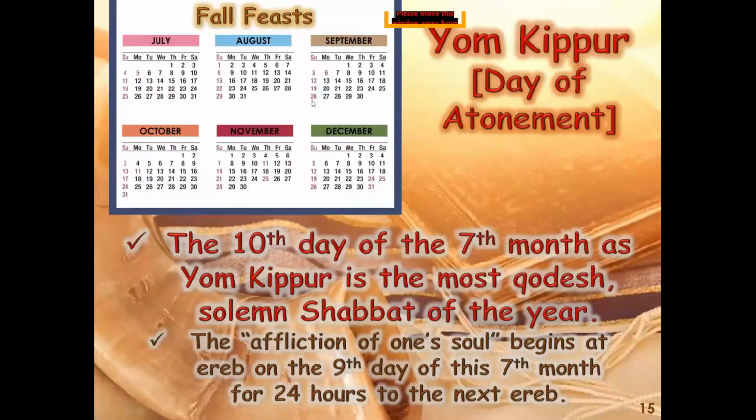The 25th of September, which is a Shabbat. And so at twilight on September 25th, that twilight, Erev, begins the affliction for the 10th day.